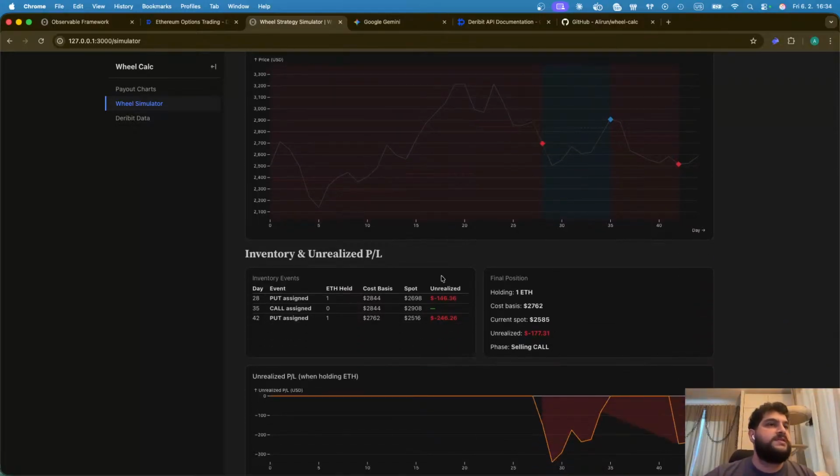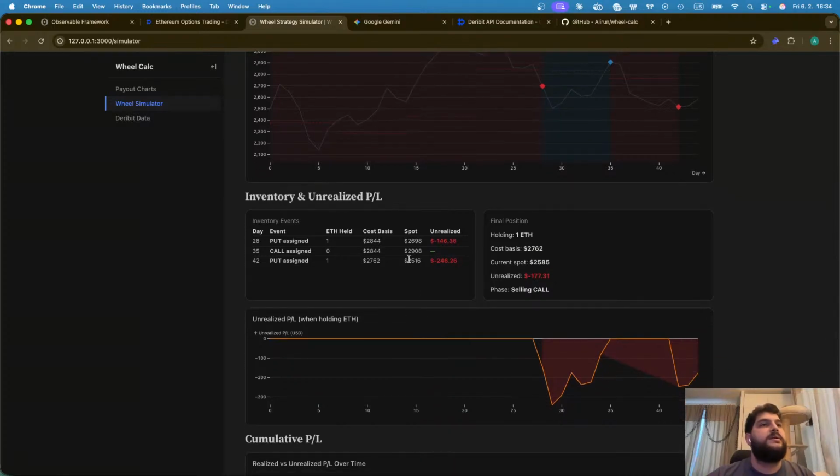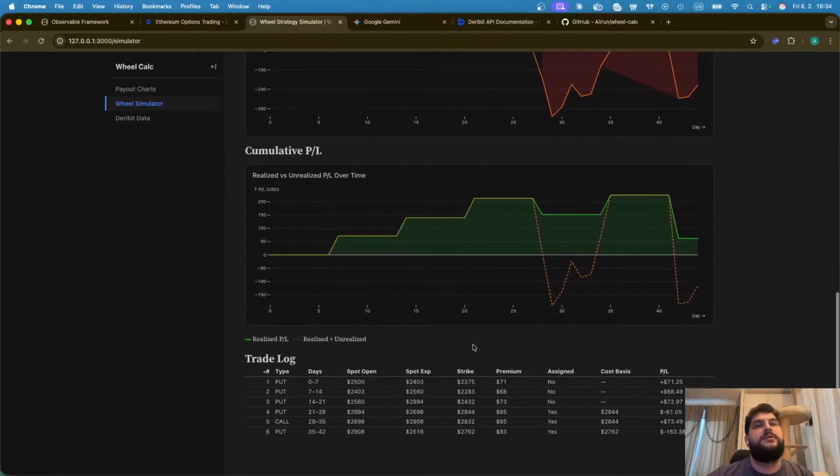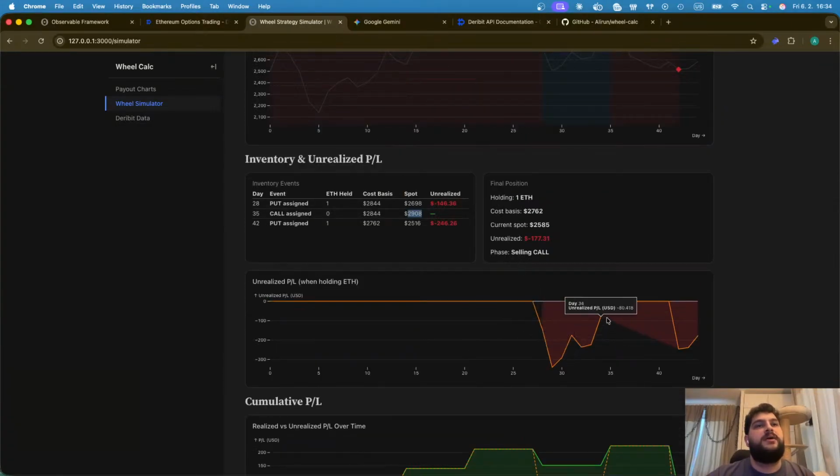So here you can see we got the call assigned. It means that we sold our Ethereum at a higher price. That's why we got back to unrealized zero, because we have basically zero Ethereum on our hands.